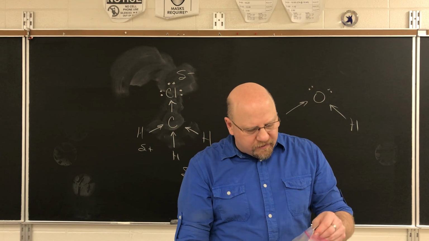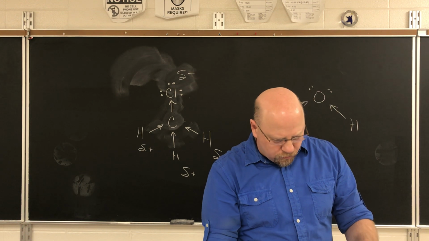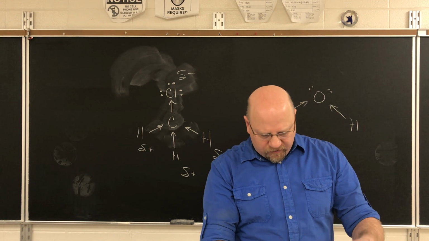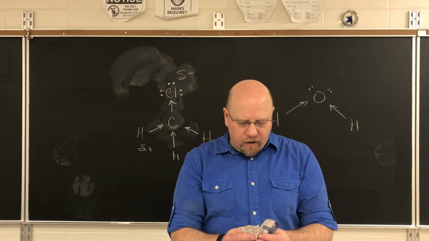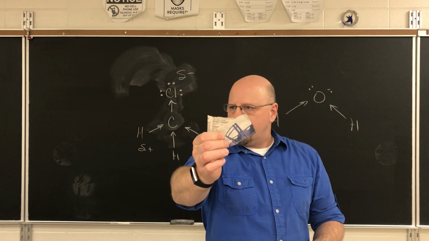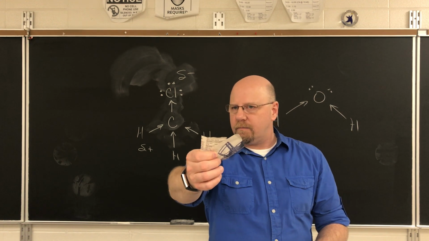I don't think it's in the procedures, but you're going to use all of the writing utensils to test the polarity of the slime and the silly putty. You also have some newsprint. You want to test those with the slime and the silly putty as well.